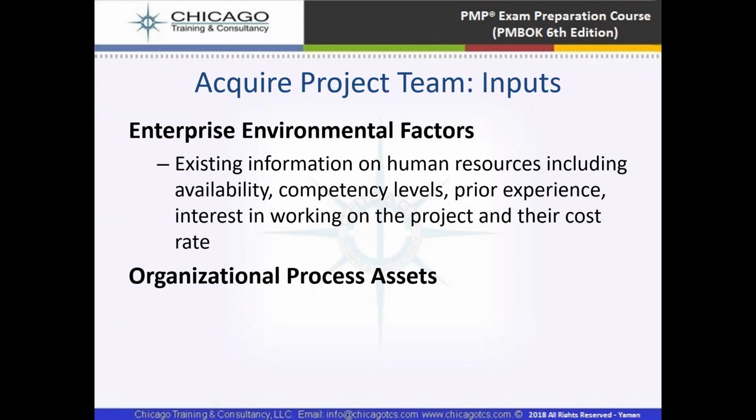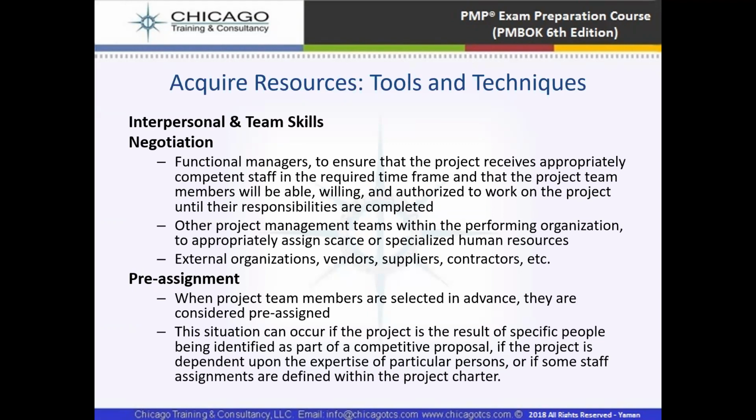And then we have organizational process assets, like the organization charts and the responsibility matrix, as an input to acquire the project team. And then we have interpersonal and team skills, like negotiation. We will negotiate, we will do the pre-assignments, and see how these resources, suppliers, or subcontractors are going to help us on our project.